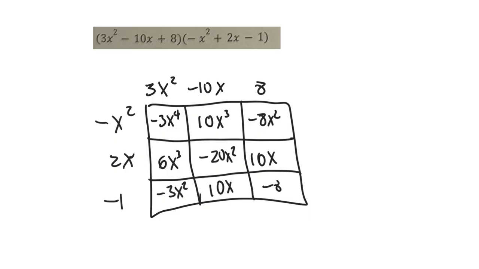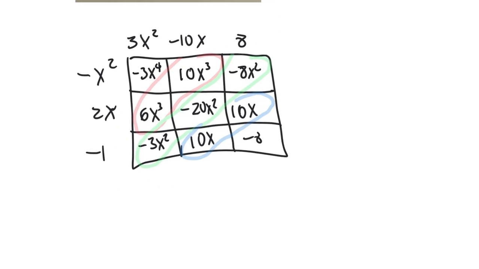Now, once again, diagonal relationships, maybe. Yep, we have a red relationship. We have a green relationship. And we have a blue relationship. So negative 3x to the fourth all by itself. The red relationship gives us a 16x cubed.